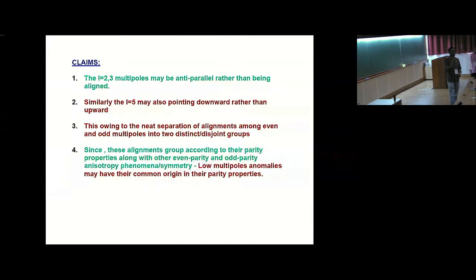So maybe it is just subtracting something which is leading to the reduced significance of these alignments, of these anomalies. But if you are convinced about my procedure, then you have to look at this parity phenomenon at large angular scales, why it is arising, and probably some theoretical models, or, I don't know, maybe systematics.